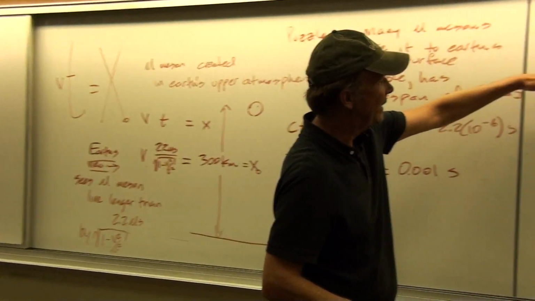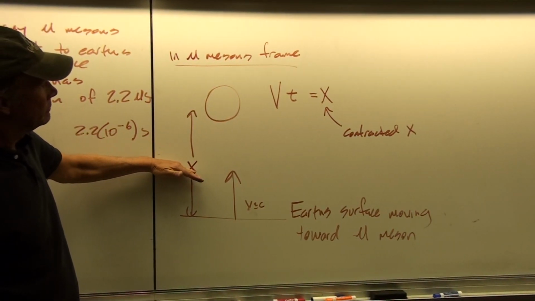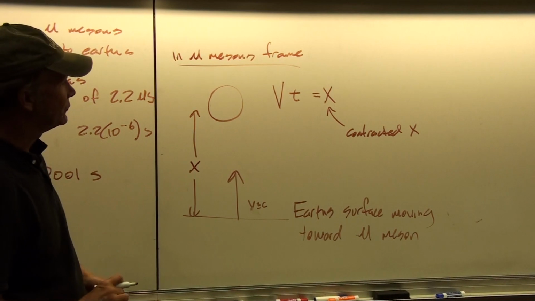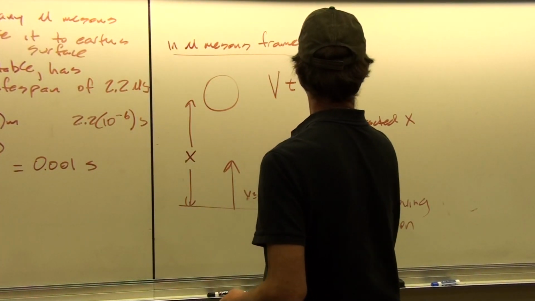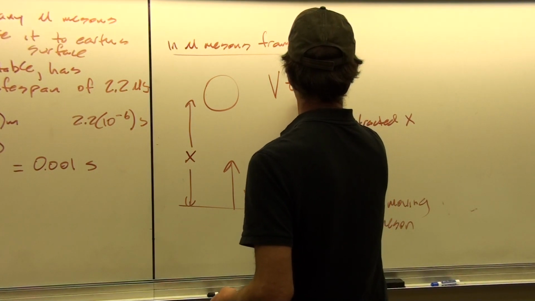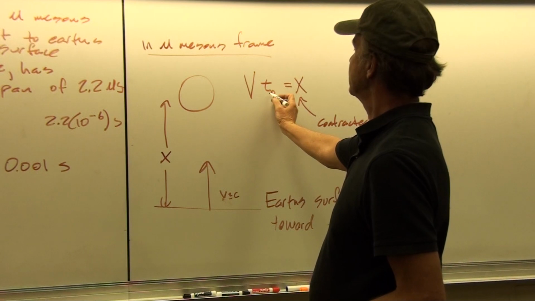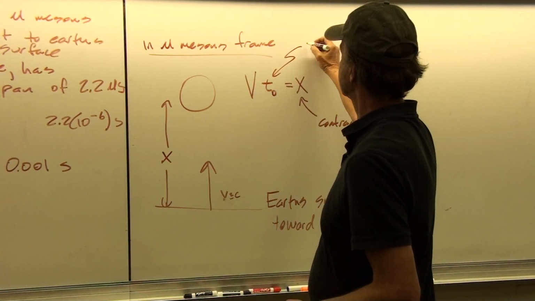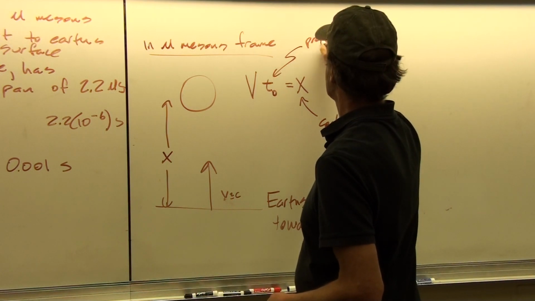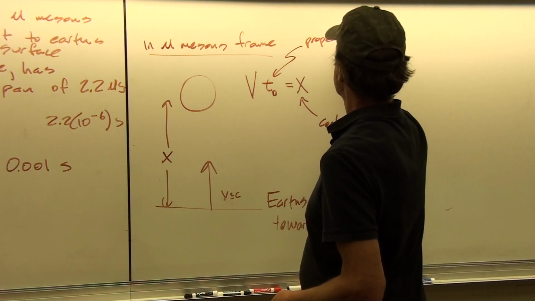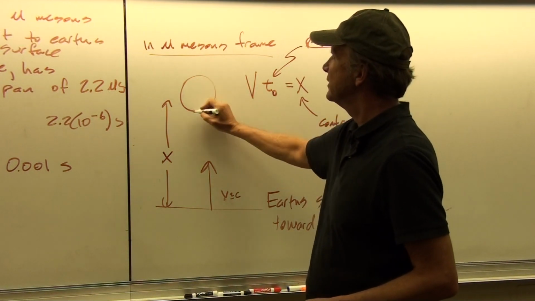But now you're in the mu meson's frame of reference, and now the x value is contracted. And so, but the velocities are the same. So we can say that this is t naught now. Okay, so this is the regular time. This is the 2.2 microseconds, which is the proper time when there's no velocity, because relative to itself, the mu meson isn't moving.